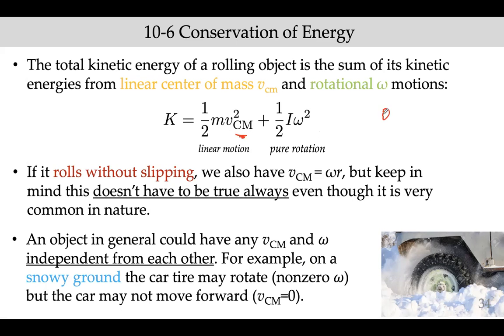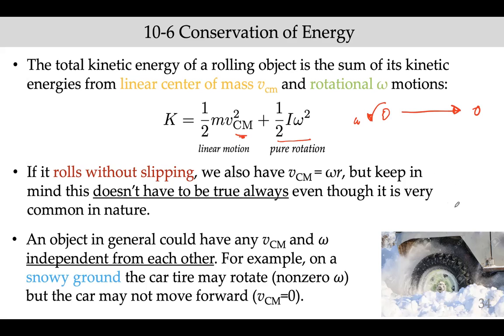That means this wheel goes from here to here, so that's a translational motion, linear motion. And it also undergoes rotational motion with angular speed, and that part contributes 1/2 times moment of inertia times angular speed squared. So that is the kinetic energy coming from pure rotation. Now in general, these two, v_cm and omega, are independent. We talked about the examples.